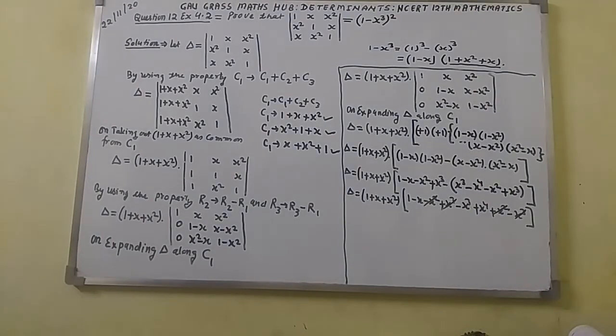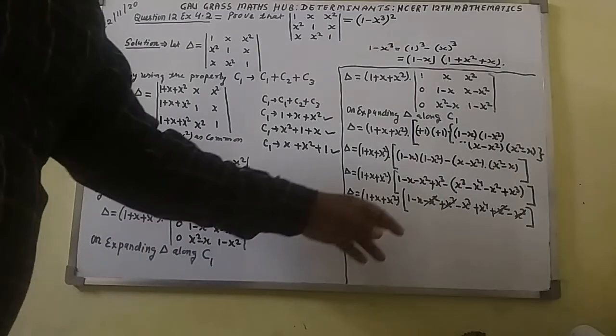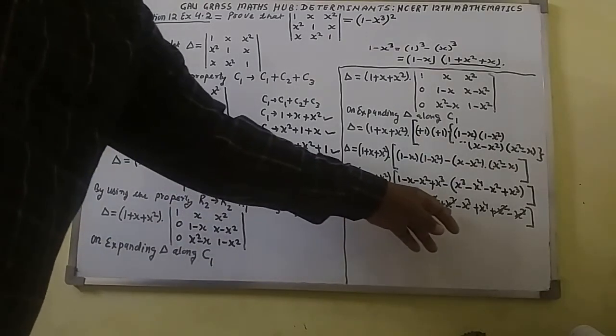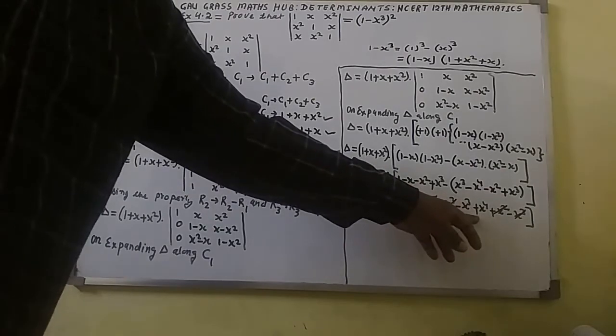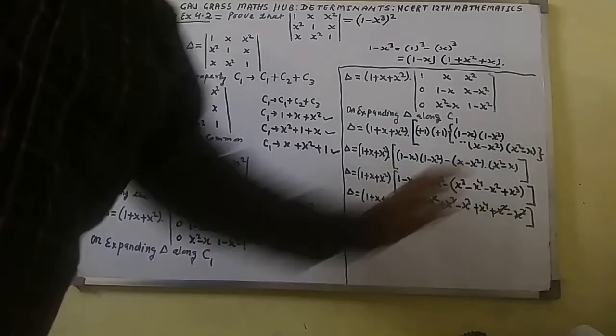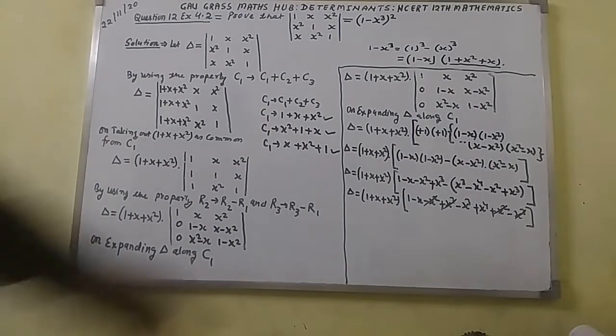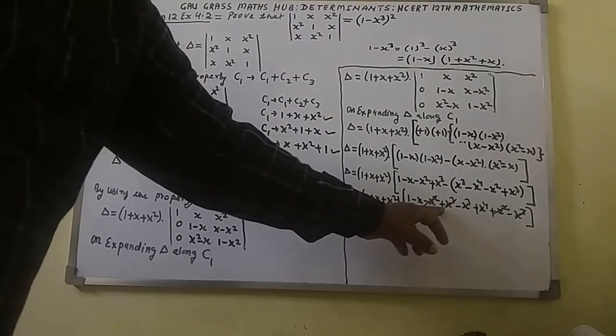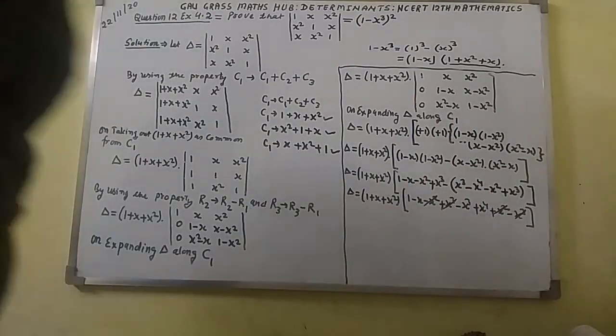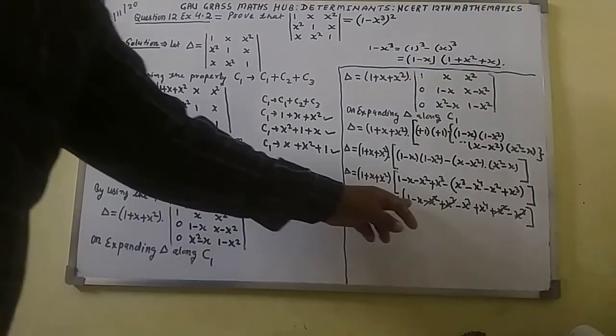So now you have got minus x square plus x square has been cancelled out, plus x cube minus x cube has been cancelled out. So you have got here this one.